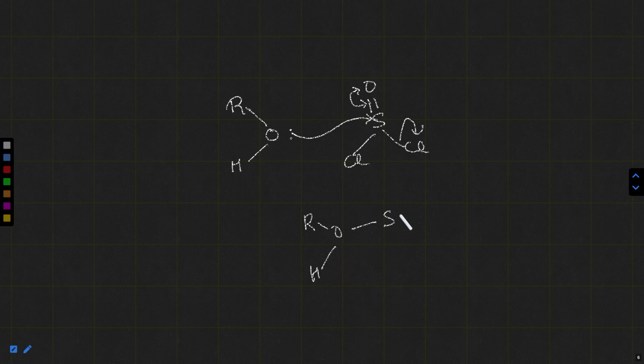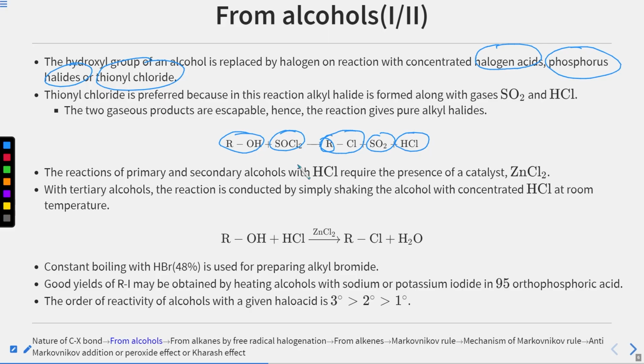And we will get this kind of intermediate. Now what will happen? This Cl will move here. The Cl which was kicked out will attack here, and we will get back this thing. So did you get my point? It is a kind of SNi reaction, not SN1 or SN2, SNi. So we get back this RCl, which is our required alkyl halide.